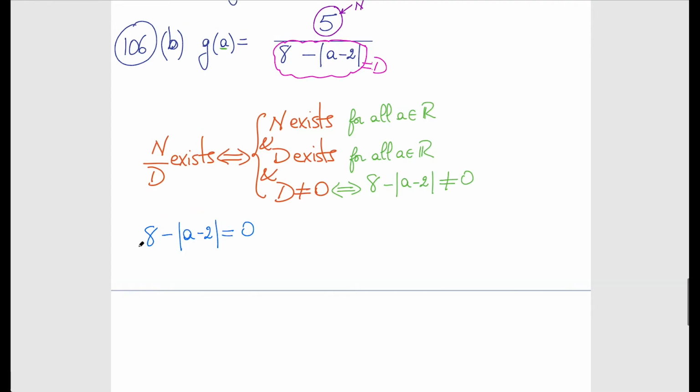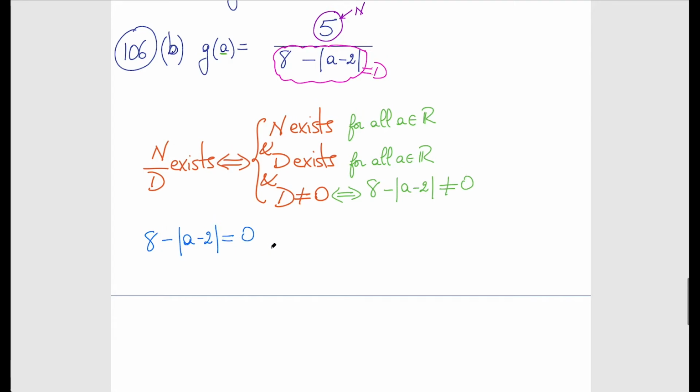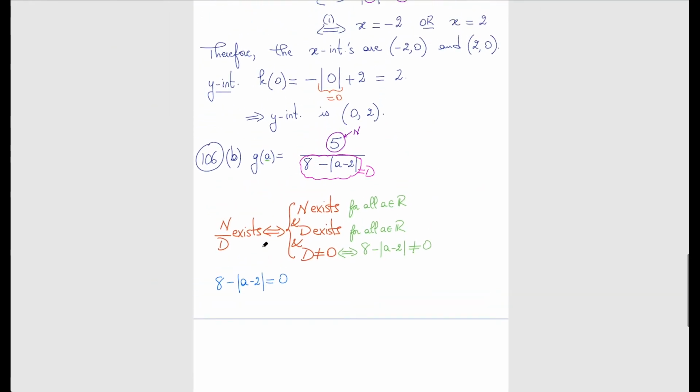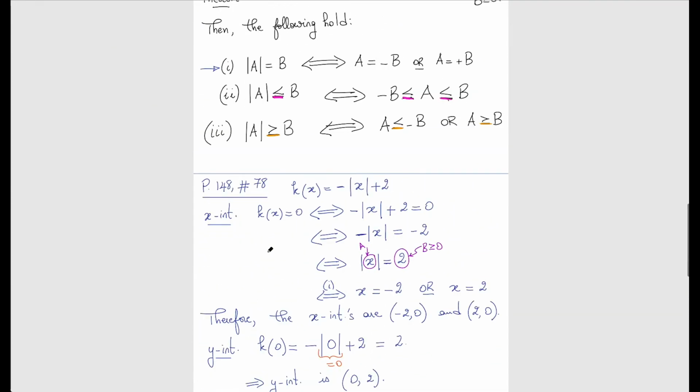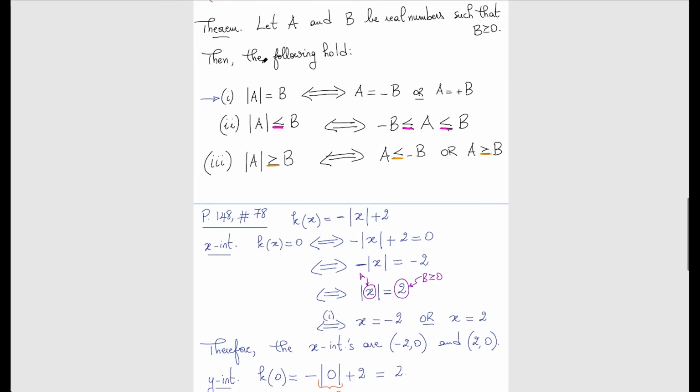I have absolute value and I have equality, so this is an absolute value equation. And how do we handle it? Well, I'm going to appeal to the theorem that we just discussed above, namely part 1. I'm going to set the stage for property 1 to kick in, the left statement. I'm going to have the absolute value by itself and the other guy b on the other side, and if b is non-negative, I can employ that property.